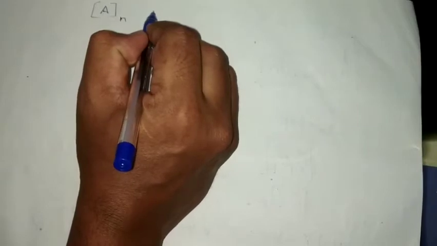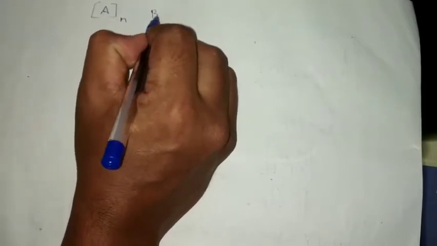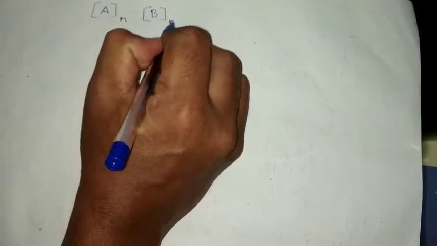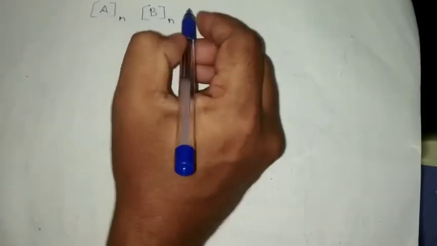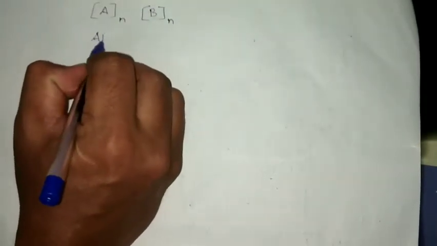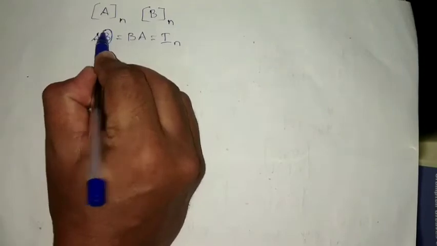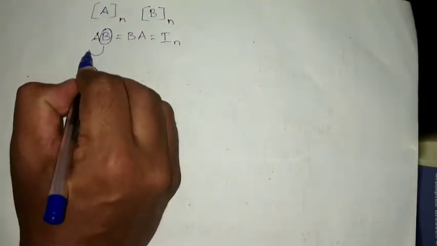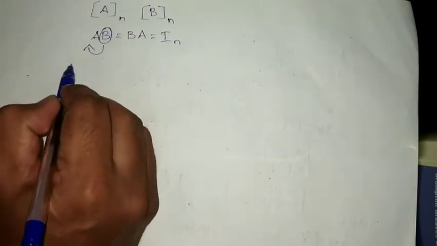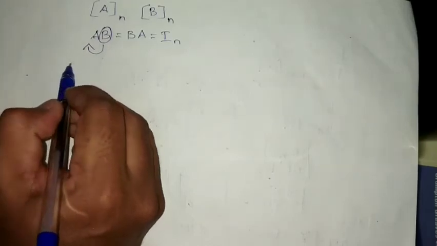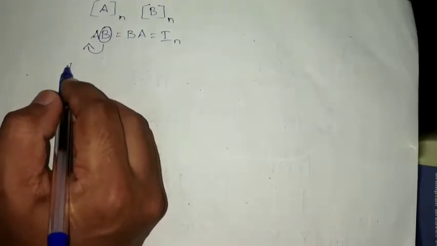If there exists a square matrix B of order n such that A into B equals B into A equals I of order n, then we call this B the inverse of A.